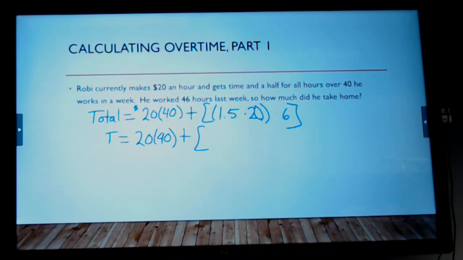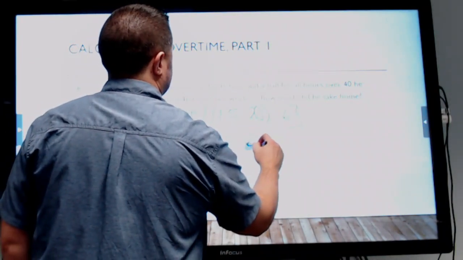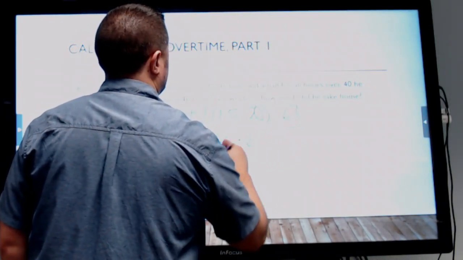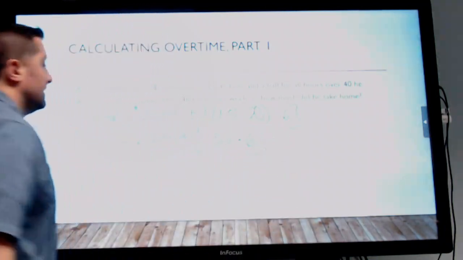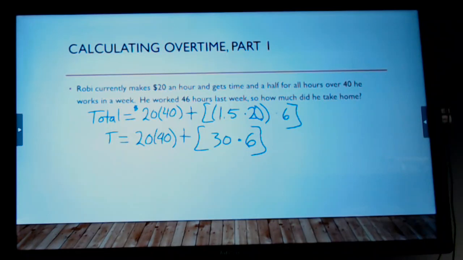All right, who else got 30? Good. So it's going to be 30 times the 6 hours. Now, since you've got multiplying and adding on the same line, you can do both of your multiplying parts on the same step.